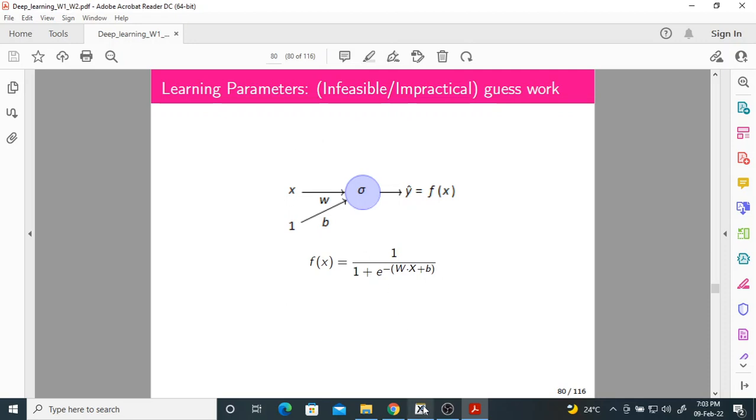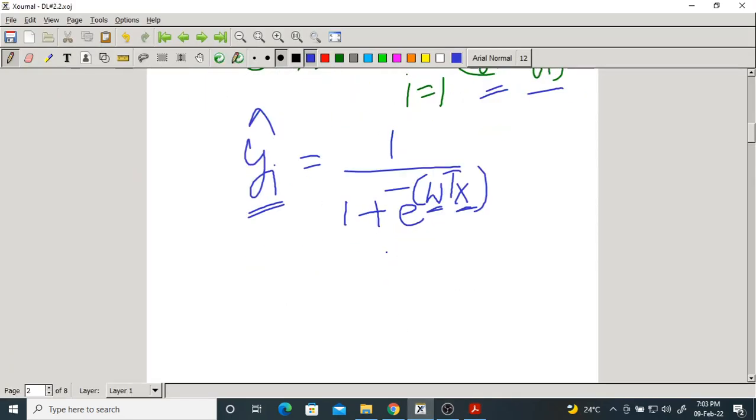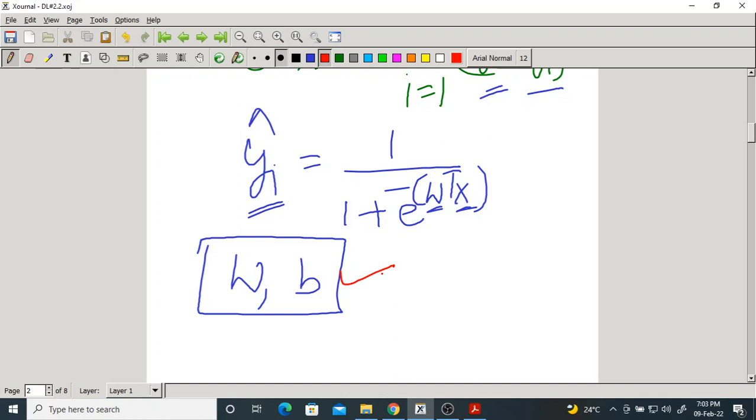Now, here we have to learn the parameters. So w and b are the two parameters which have to be learned from the data. Why? Because if you know these values properly, your approximation will be good. That will be approximately equal to the actual values. Okay.